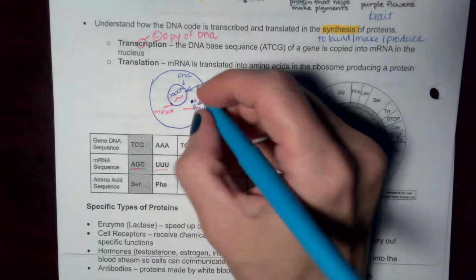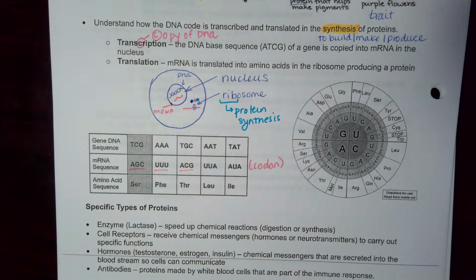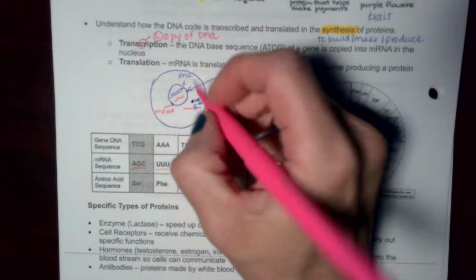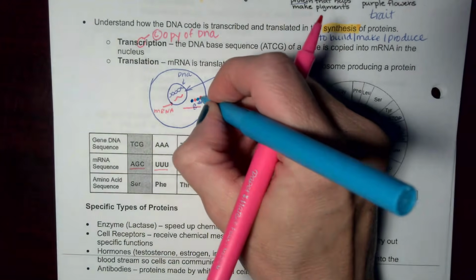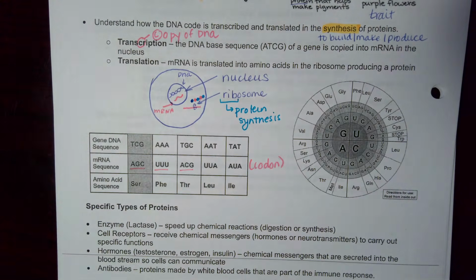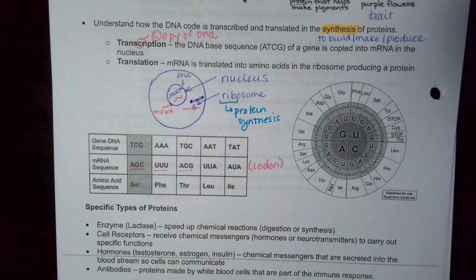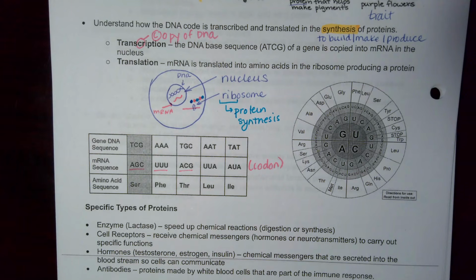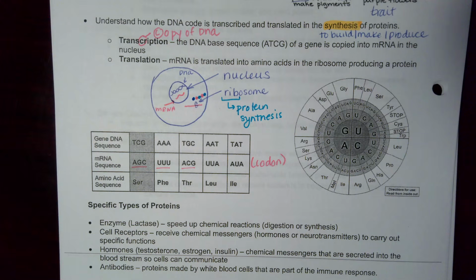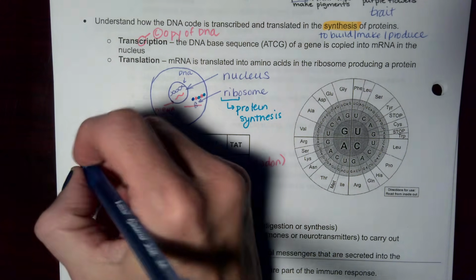When those amino acids get bonded together, they form a protein. The protein then folds into its specific shape or structure, which is going to determine its function. When the amino acids get bonded together, that's known as translation.